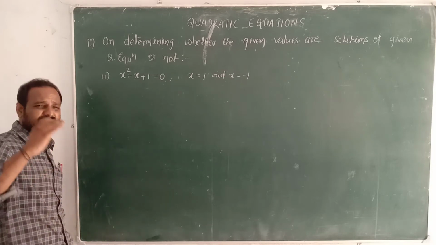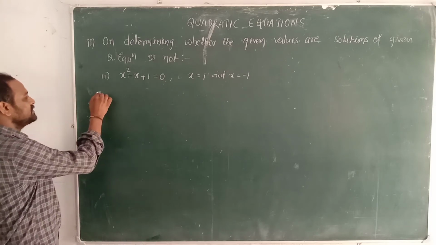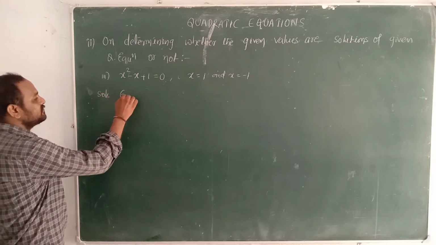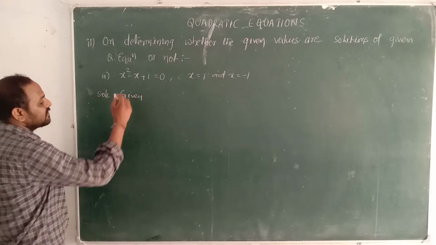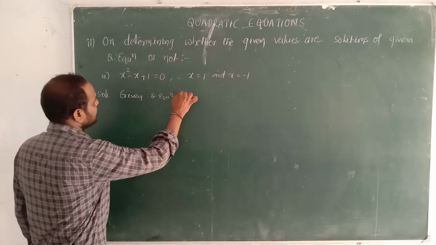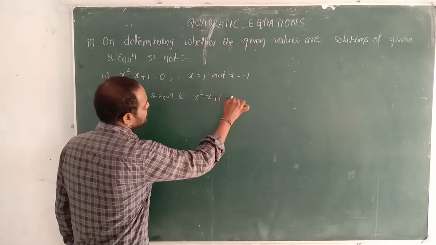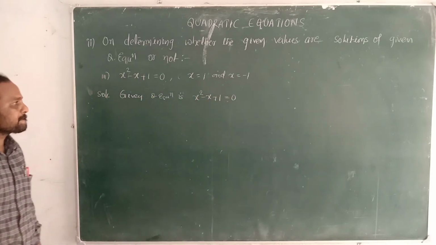That means nothing but roots of the given quadratic equation or not. So solution. What is the given quadratic equation? It is x square minus x plus 1 is equal to 0.